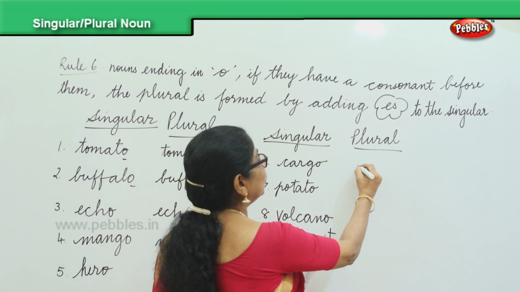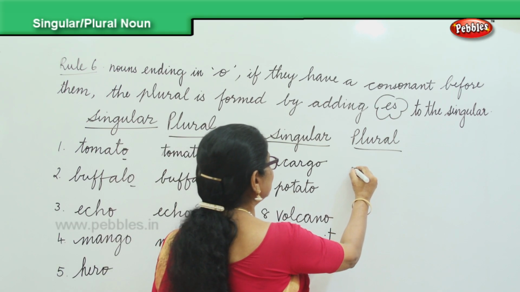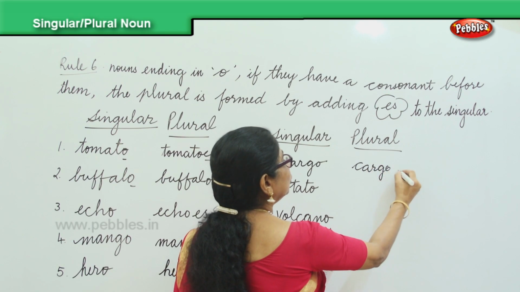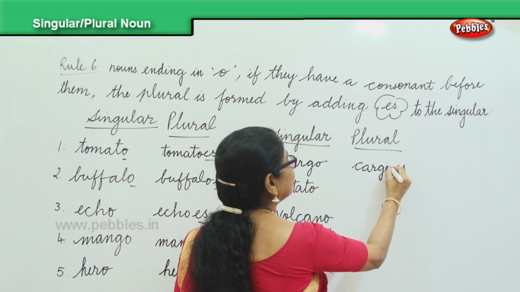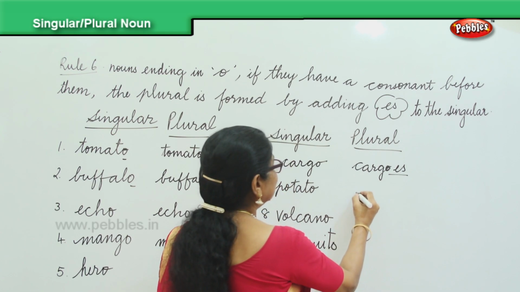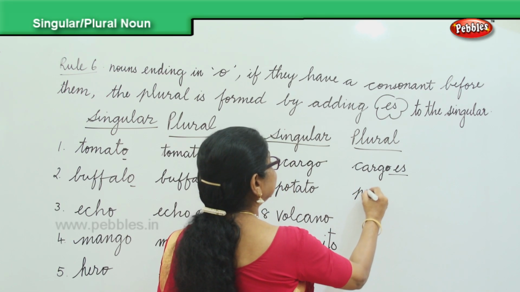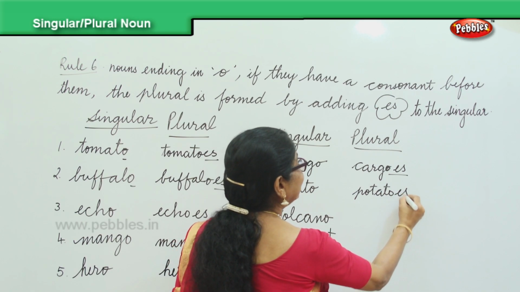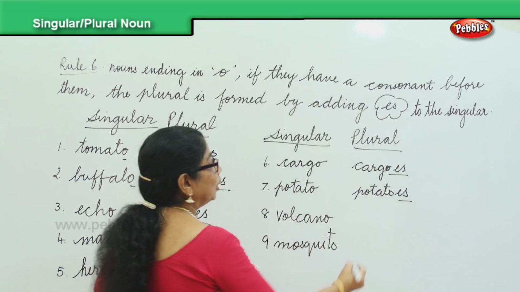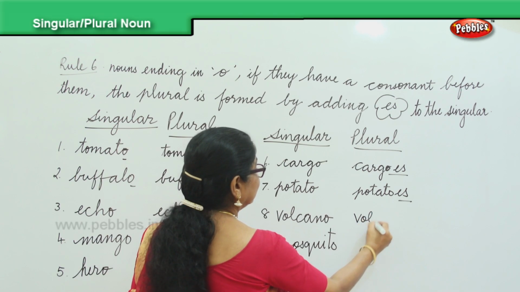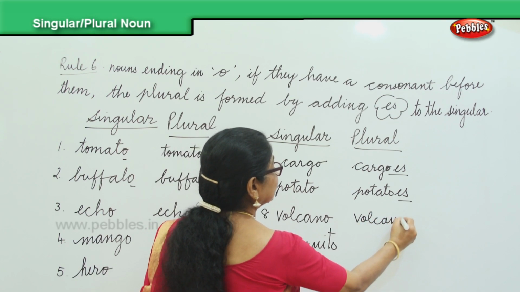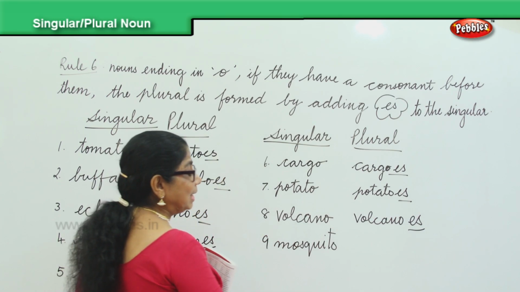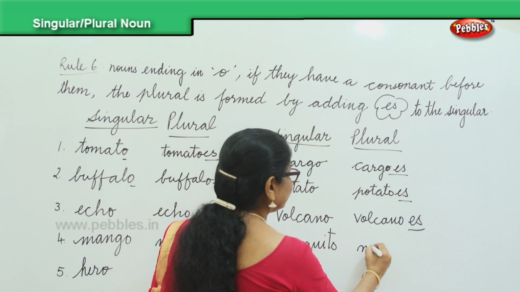Therefore, you form the plural by adding ES to the singular. So, cargo, you add ES to form the plural. Potato, you add ES to form the plural. Volcano, you add ES to form the plural. And finally, mosquito.